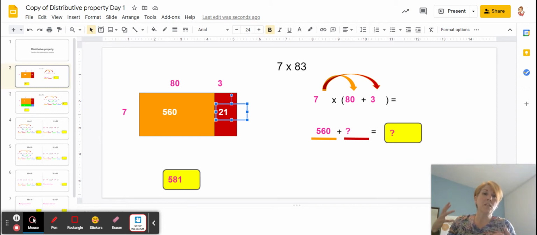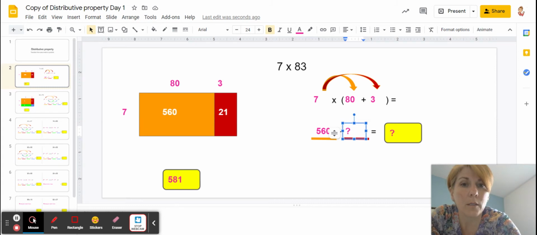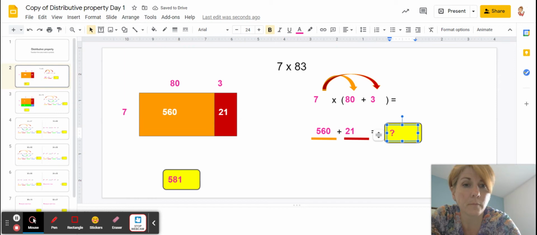For something to distribute means, like I would distribute papers in a classroom, I would hand them out to each person in the class. In this case, we're distributing the 7 to both the 80 and the 3. So I would get 21 here, and then I would add it up and get 581.